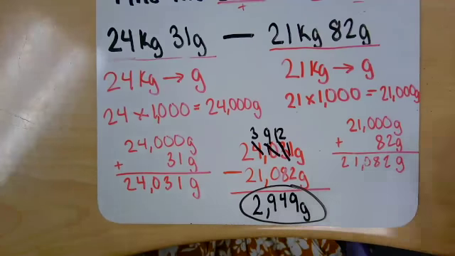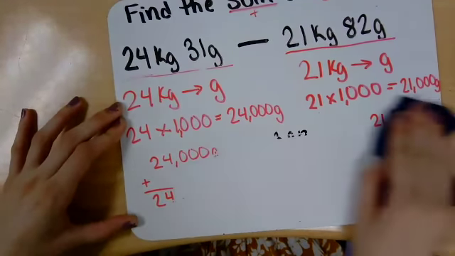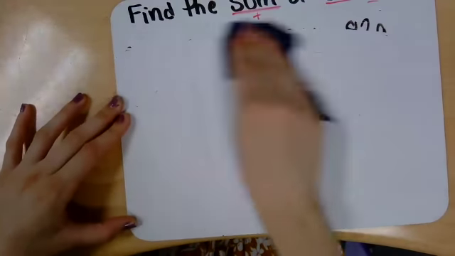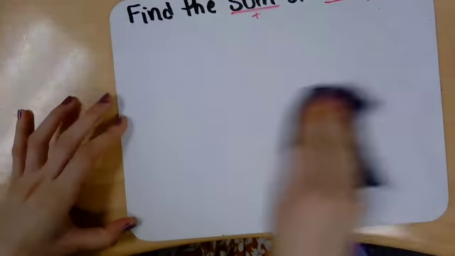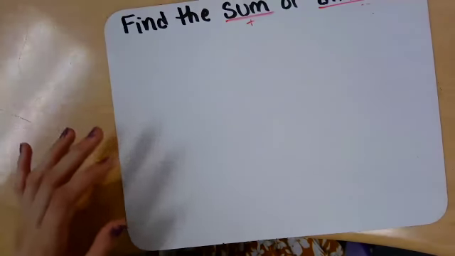Okay. The last thing we will be working with is liters and milliliters. So it is the same idea. We will be finding the sum or the difference, but with liters and milliliters.